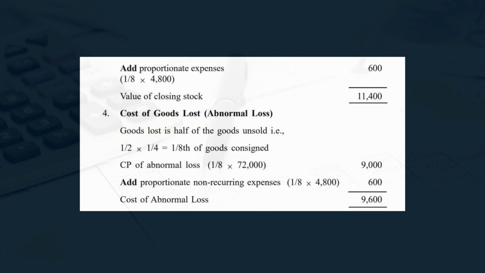Proportionate expenses: 1/8 of 4,800, because 4,800 were the non-recurring expenses incurred by the consignee and consignor as well, is 600. So the total is 9,600. So the cost of abnormal loss is 9,600.